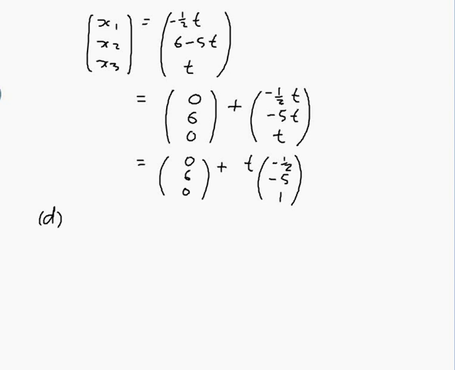Well, in order to interpret these things geometrically, we need to think about what the equations stand for and what the solutions stand for. So because we're working with three variables, we must be in three-dimensional space. This point here has three coordinates, which means it's a point in three-dimensional space.